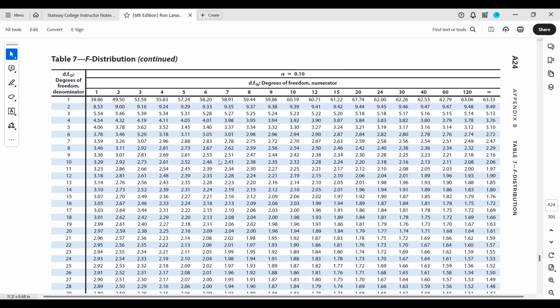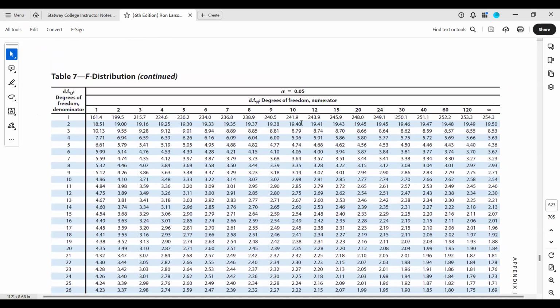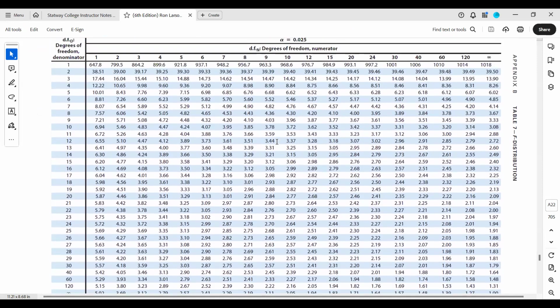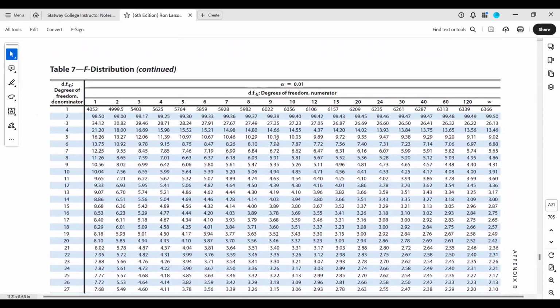So this is a regular F distribution. Here you have for 5%, F distribution for 2%, F distribution for 1%. This is the degrees of freedom for the denominator, and this is for 1% level of significance.